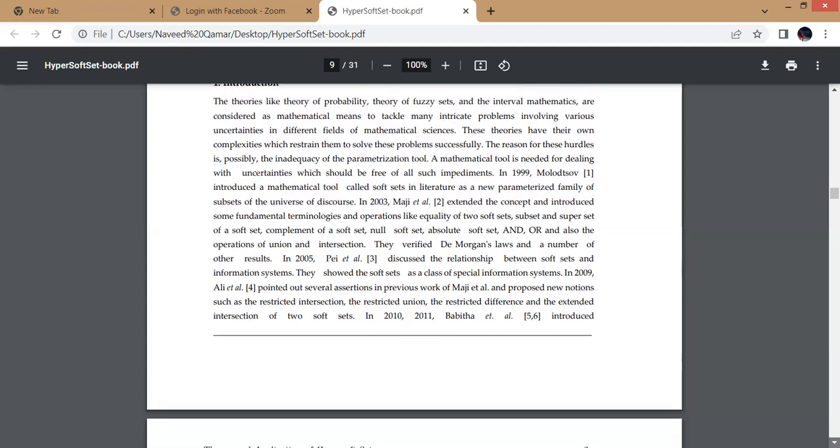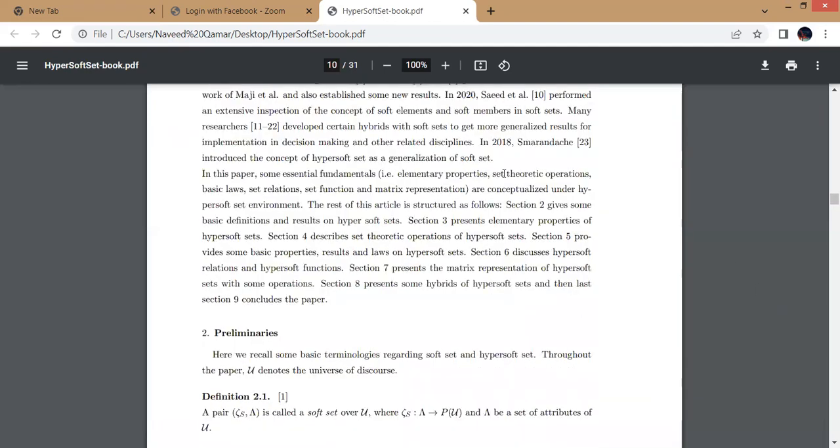After that, in 2018, Smarandache introduced the concept of hypersoft set as a generalization of soft set. If you want to see this paper of Smarandache from 2018, we discussed it in complete detail in our previous lecture with the help of examples.